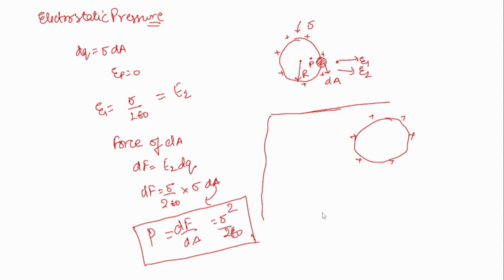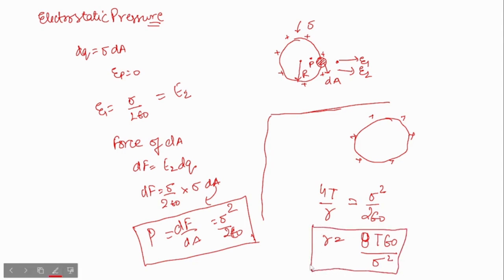Remember that for a soap bubble, the excess pressure due to surface tension is 4T by R, and this equals sigma square upon 2 epsilon naught. From here you get the radius of the soap bubble equals 8 T epsilon naught upon sigma square.